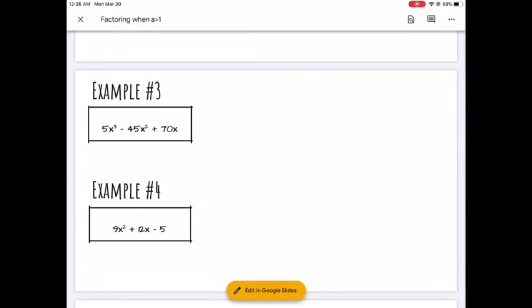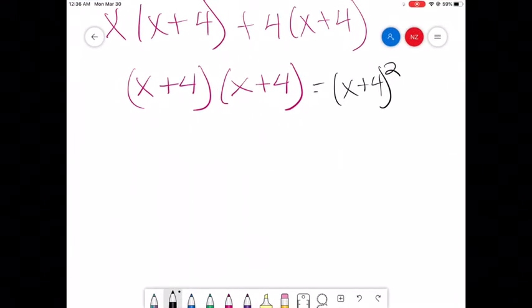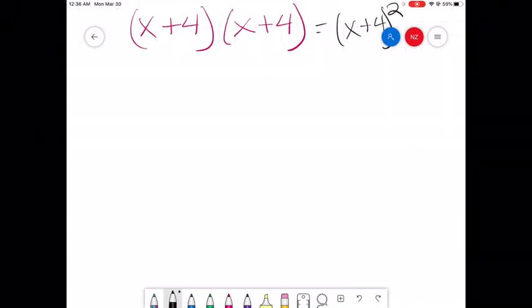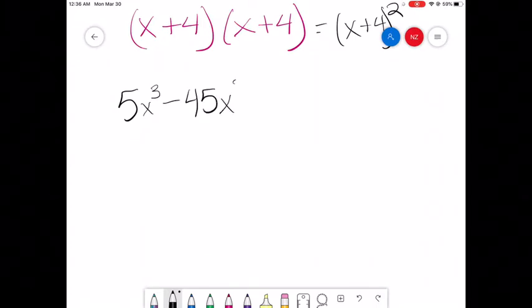So before you use this strategy, you want to first take a look at this example. I have 5x cubed minus 45x squared plus 70x.